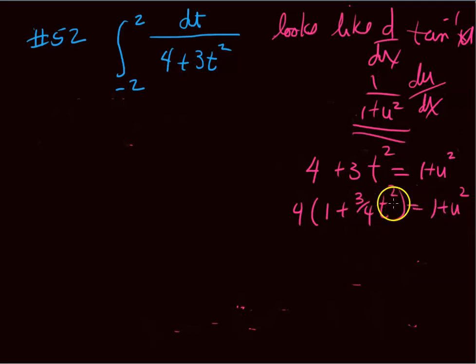This then means that we've got 1 plus 3/4 t squared equals 1/4 times 1 plus u squared. Okay.